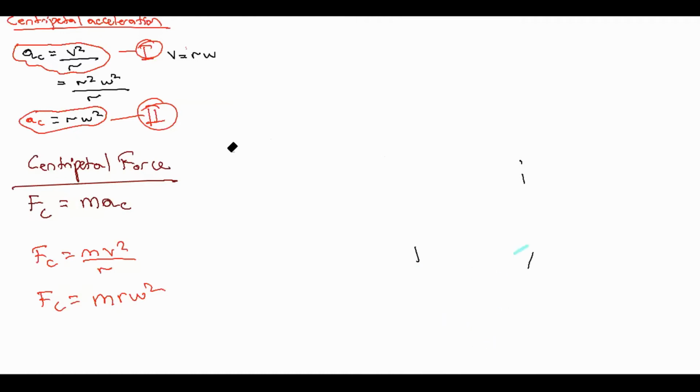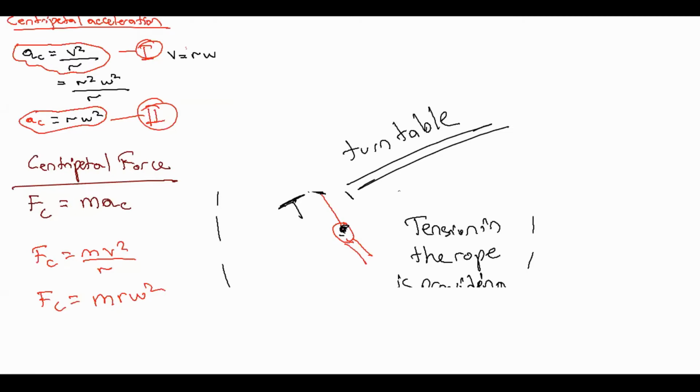Okay, so does everyone know what a turntable is? Let me write it down. Is there anyone who doesn't know what a turntable is? Okay, no problem. Once upon a time, we didn't have phones to listen to music.